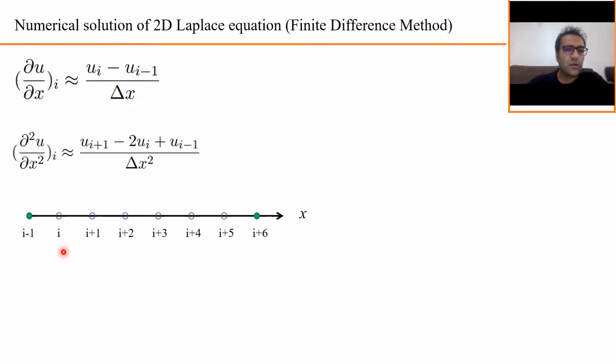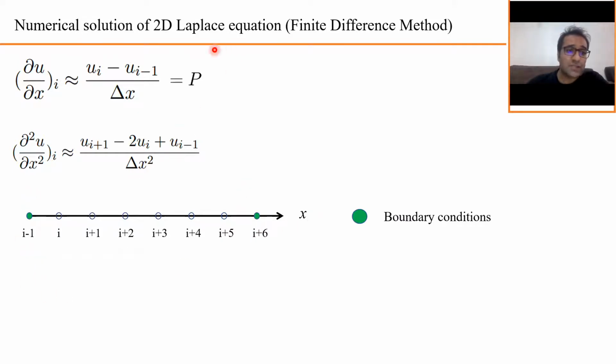Imagine that we have this x-axis, and we discretize this axis into points, and we assign some indexes to each point. Imagine that this point and this point are our boundaries, and the boundary condition is well known at this point, right?